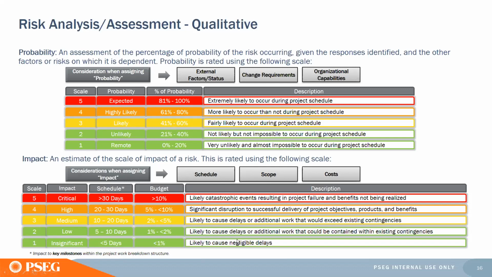If it does occur, there's going to be a significant disruption to the successful delivery of my project. Significant disruption is defined as a 5 to less than 10% impact to budget, a 20 to 30 day impact to schedule. That's what defines significant disruption. Therefore, my impact is high, and my scale is a 4.